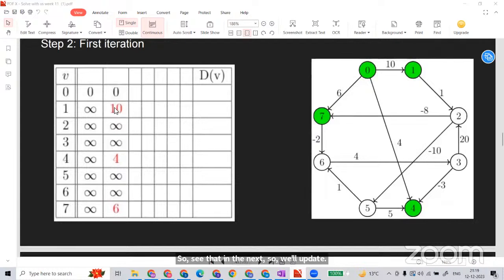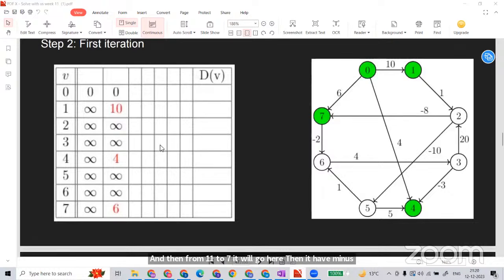So we'll update the boxes which are connected with 0. You see that 1 is connected, 7 is connected. To reach 7, we have directly 6, or another route: 0 to 1, then 1 to this, 10 and then 11, and then from there to 7 with -3.